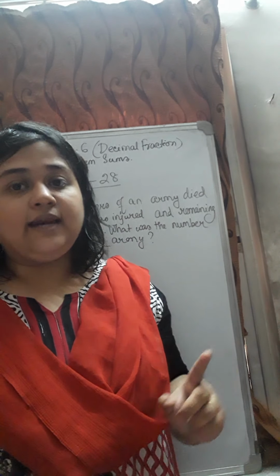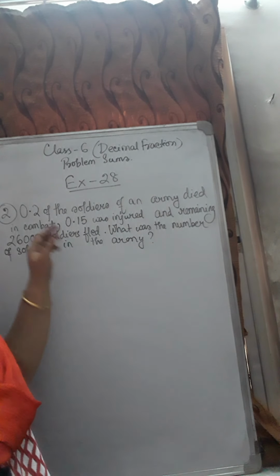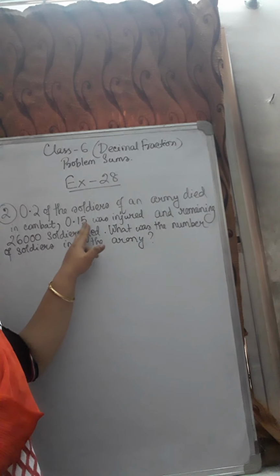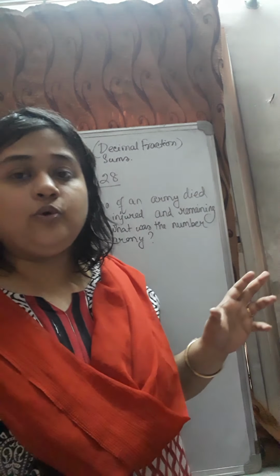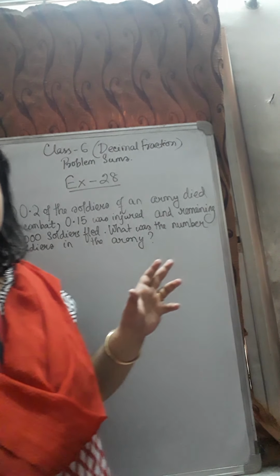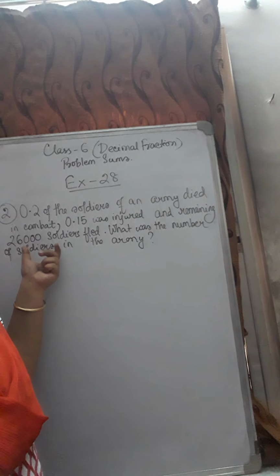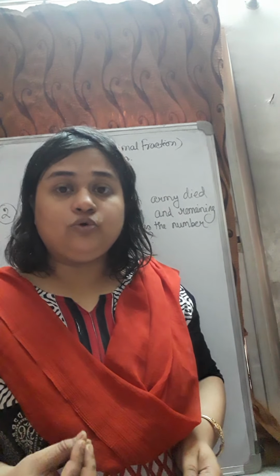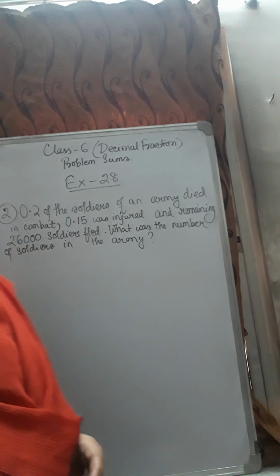So the totality is treated as one whole thing. Out of that, 0.2 portion died in combat, 0.15 got injured. Then what proportion has run away? You have been given the actual number. The actual number of soldiers who ran away is given, but the portion of soldiers who ran away is not given. So we will do the sum.